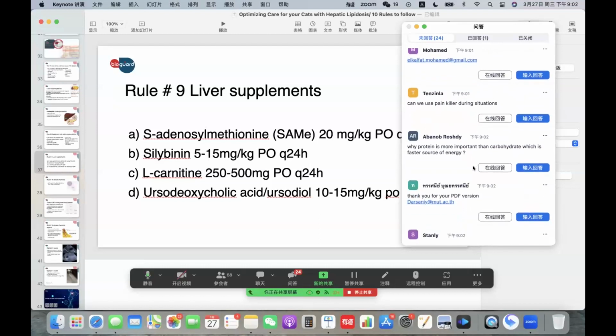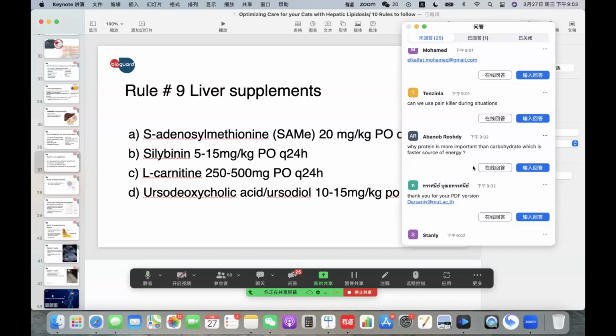Can we use painkillers in this situation? Yes, pain management would be important. But what kind of medicine to choose? If you plan to use NSAIDs, you need to use a very safe dose.